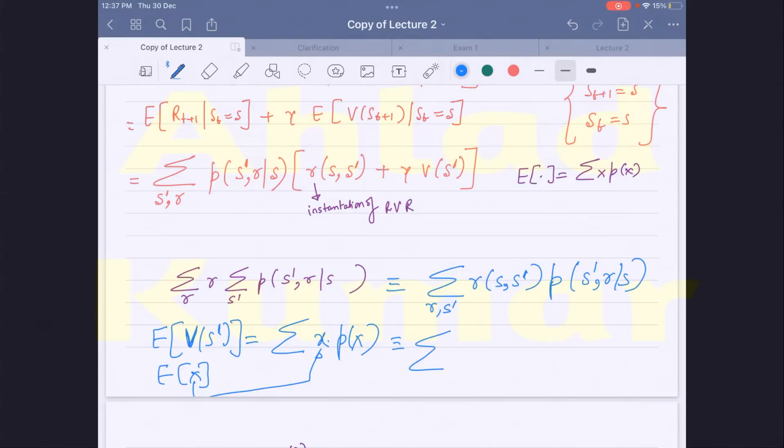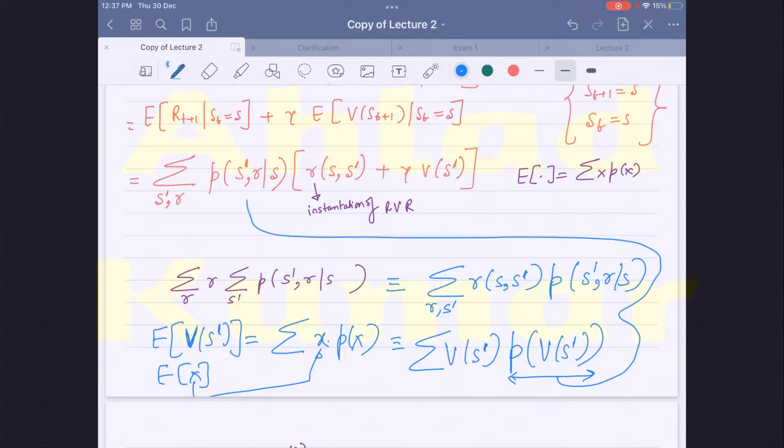So here what you have, x as v of s prime, and the probability of v of s prime is this one only. We will understand why this probability of v of s prime is the probability of this, which is given over here, in our coming lectures. But for now you can assume that this probability of v of s prime is this transition probability of the Markov random process.